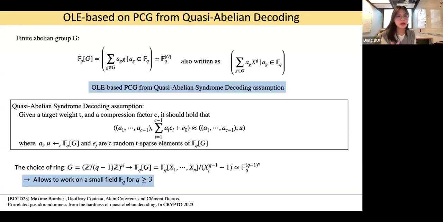This assumption allows us to work over a small field F_q, for q larger than 3. So in this work, we propose the choice of the ring. We choose the ring F_q[Z], such that F_q[Z] is isomorphic with F_{q^{q-1}} to the n.